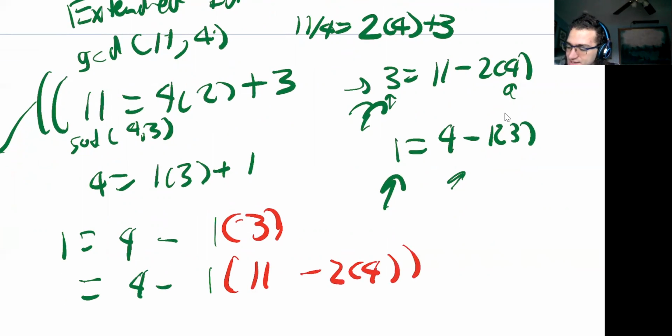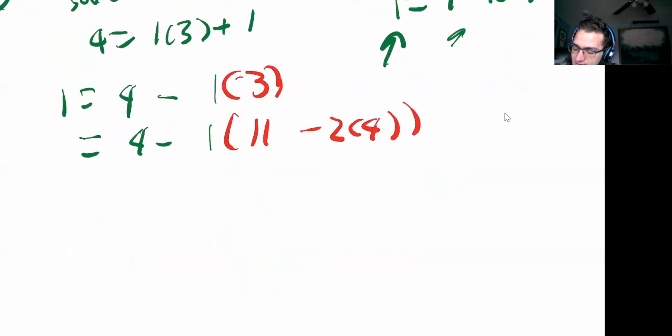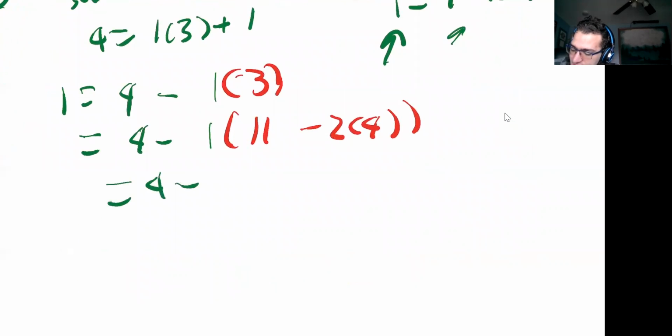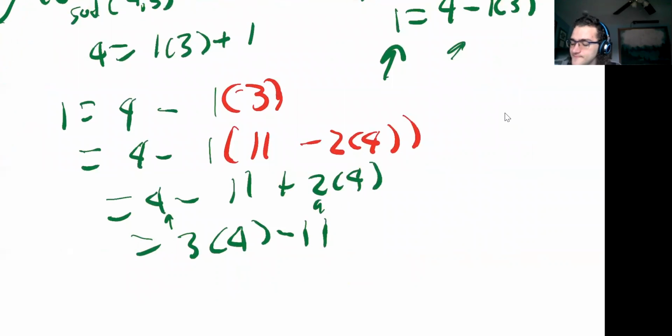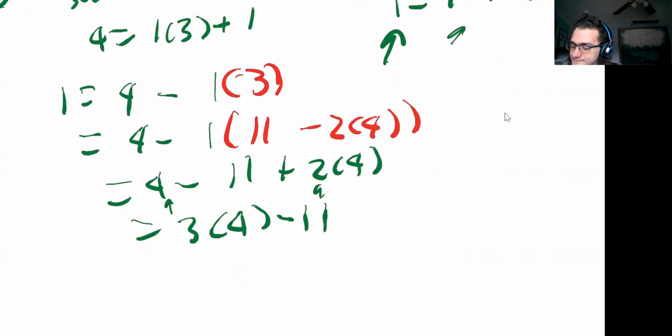And so now I can simplify this. So I get 4 minus 11, and then minus a negative, so I get a positive 2 times 4. And so 4 plus 2 times 4 is 3 times 4, so I get 3 times 4 minus 11. And we know this is equal to 1. So 1 is equal to 3 times 4 minus 1 times 11.